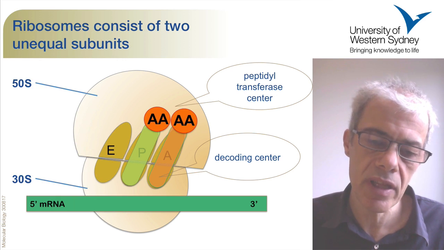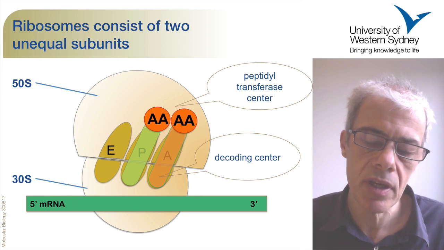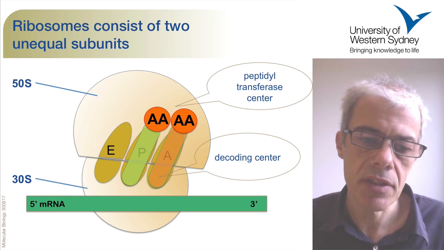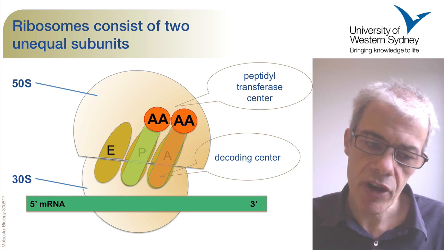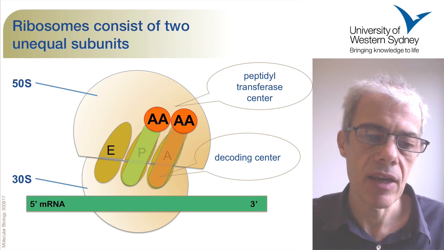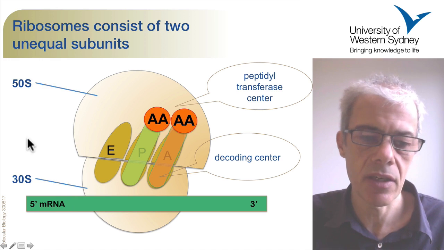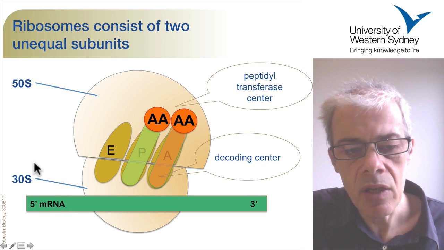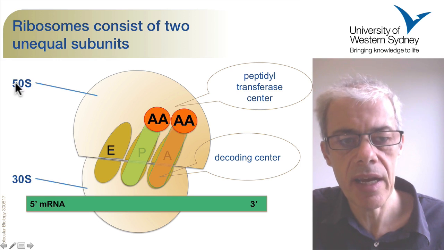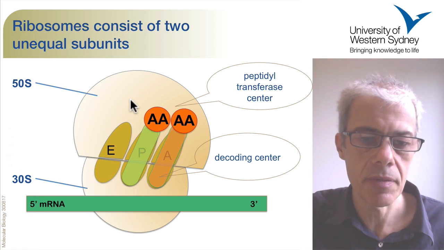When they first identified ribosomes, they would have spun them down in some sort of centrifugation process, and they would have separated out at different positions, and then they refer to them as having a sedimentation coefficient. But effectively, we're just referring to 30S as the small subunit and the 50S as the large subunit.